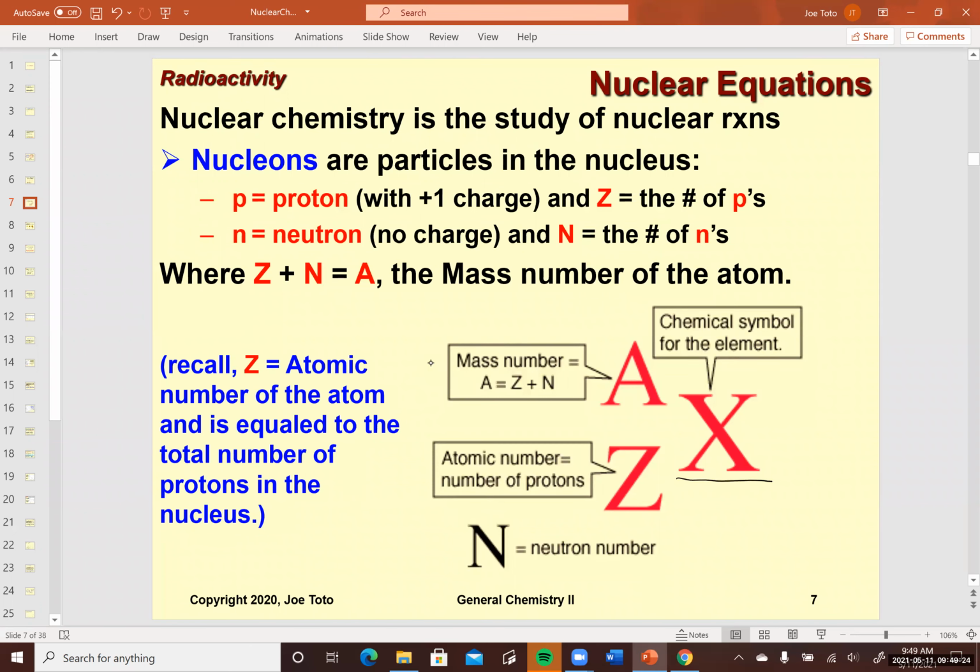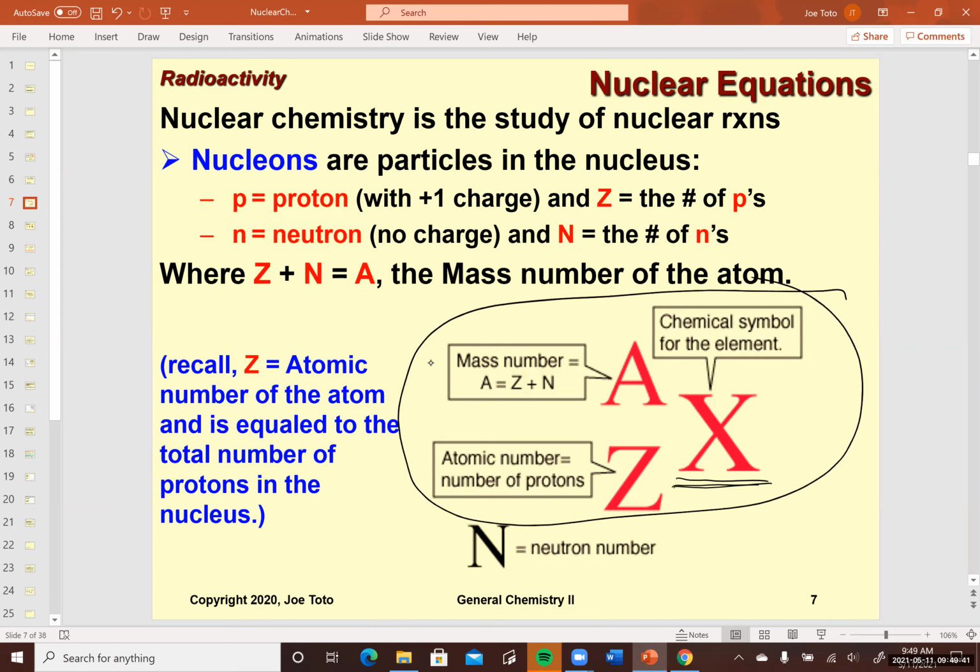We have, again, the symbol of the element, but now instead of the molar mass and the other things you might see in the periodic table, we have something to the upper left of the symbol called the mass number, which is a summation of the heavy particles in the nucleus.